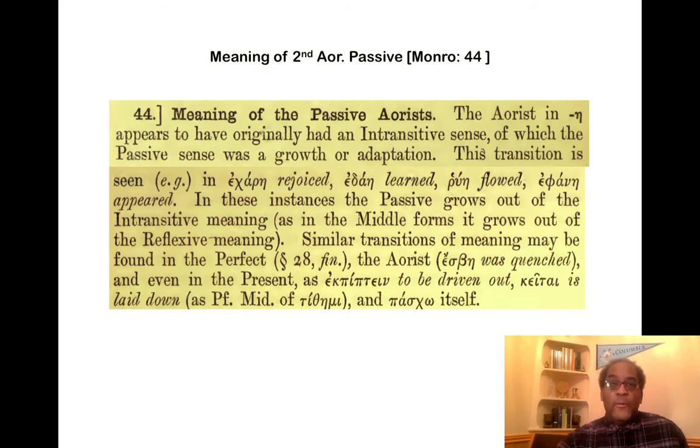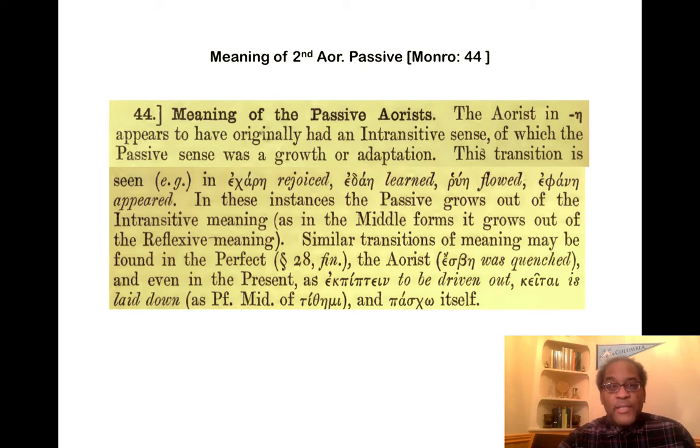Okay, so if we go into Monro, he goes deeper into the meaning of the first and second aorist, beginning with the second aorist passive, the meaning of the aorist passives. The aorist in eta, that is the second aorist passive, appears to have originally had an intransitive sense, of which the passive was a growth or adaptation.